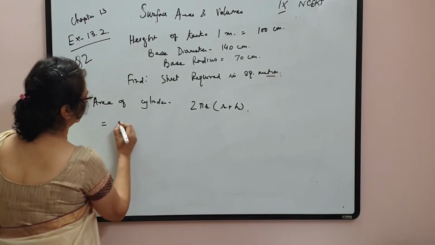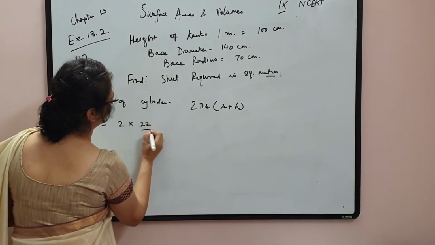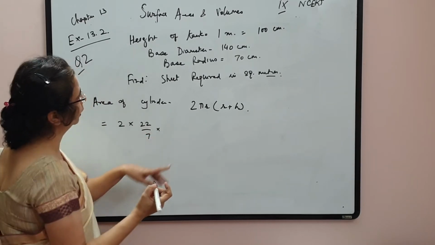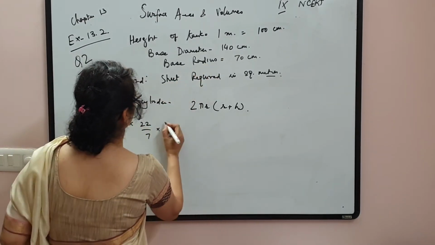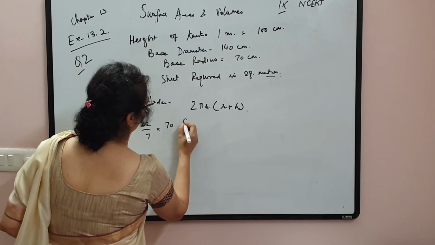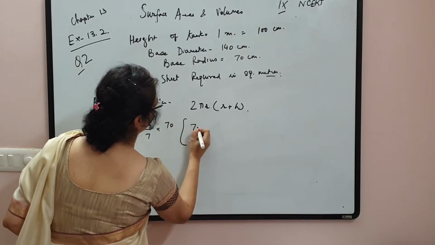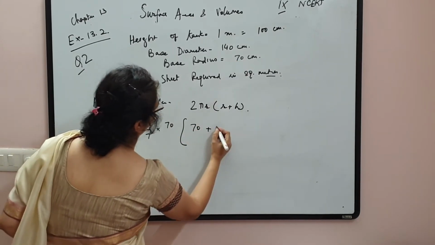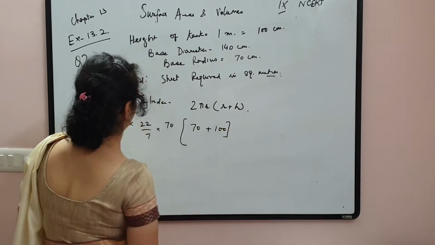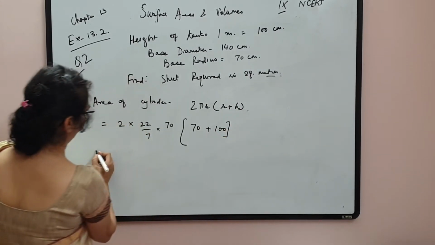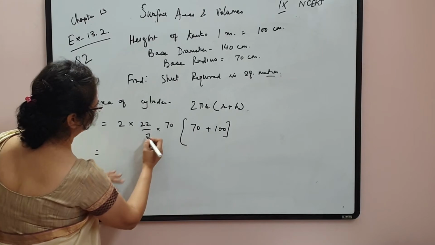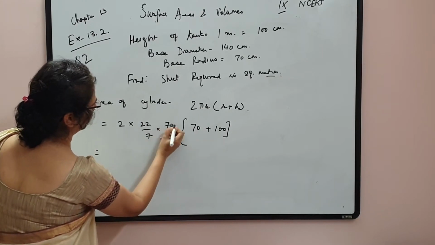Let us substitute all the values. 2 into 22 by 7 into r. What is your r, children? 70. Multiplied by r plus h, which is 70 plus 100. Let us do this calculation. 7 into 10 is 70, you can cut it here.